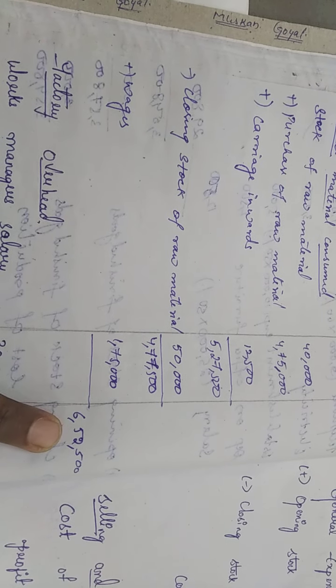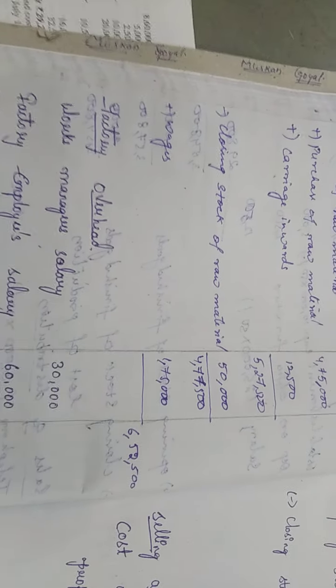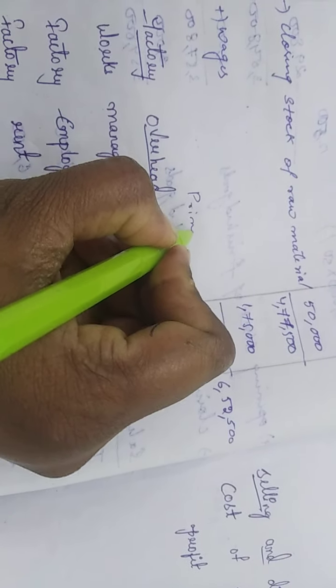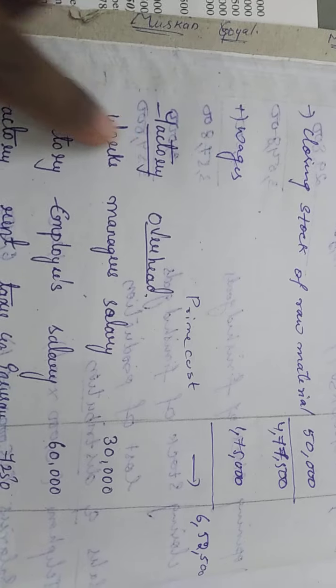Then this is the prime cost. Prime cost, how much you got here? 6,52,500. So 6,52,500 is the prime cost. Next, after that add factory overhead.